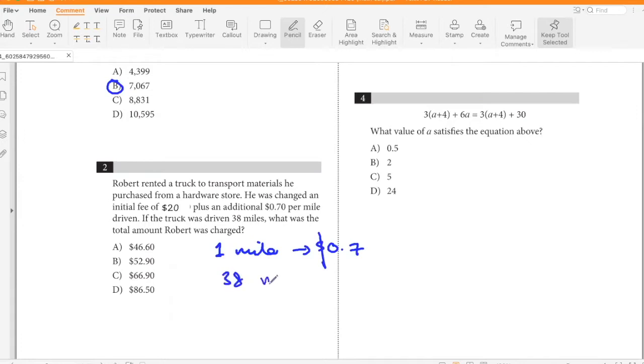So for 38 miles, he would be charged 0.7 times 38. 8 times 7, 56, carry 5. 7 times 3, 21, plus 5, 26. So 26.6, plus 20, which is the initial fee, so 46.6.